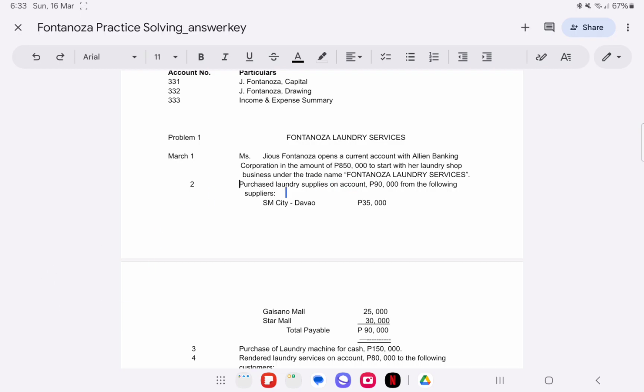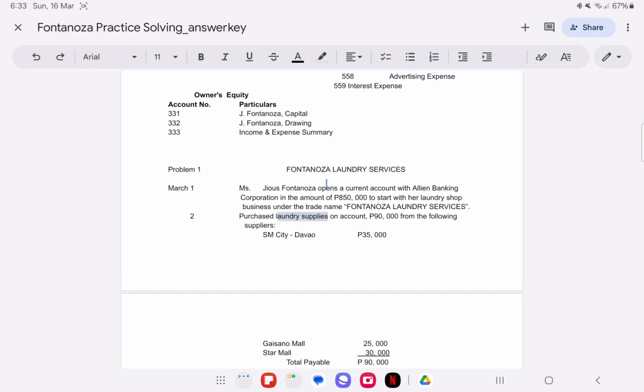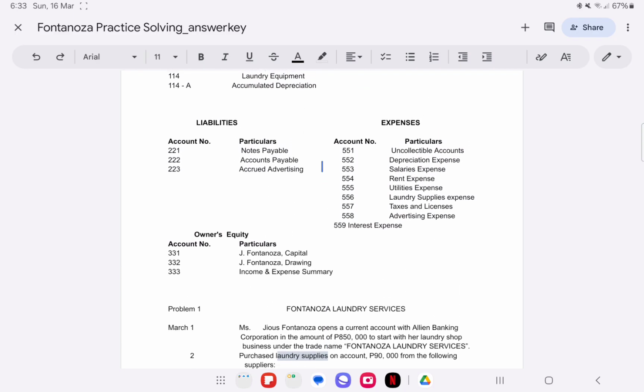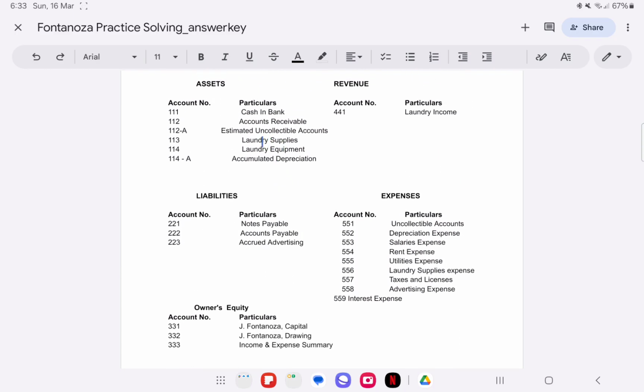So what's your analysis, what's your value received? Since you are purchasing laundry supplies, check your chart of accounts if there is a laundry supplies account.